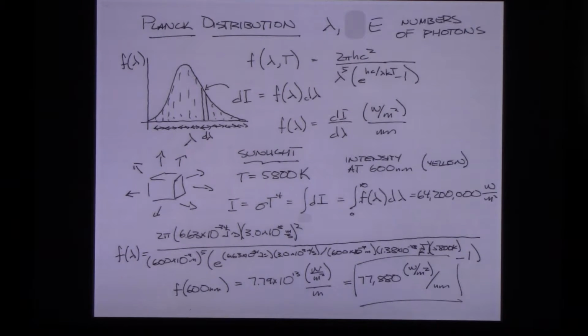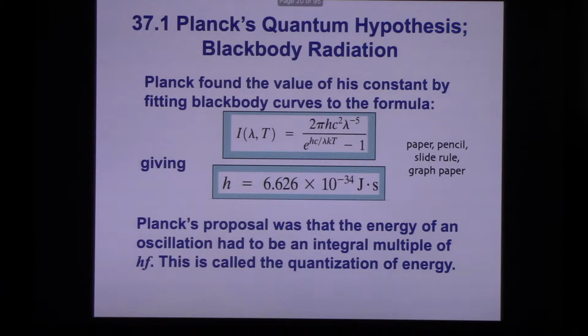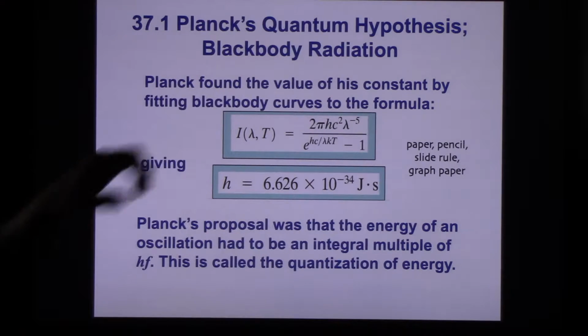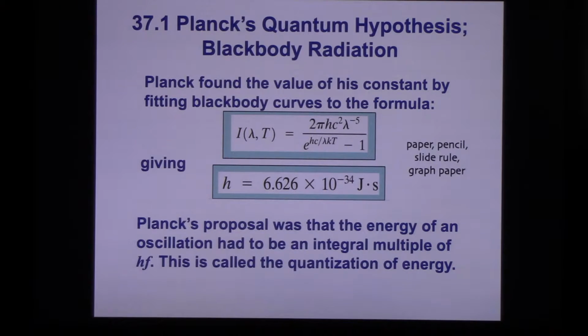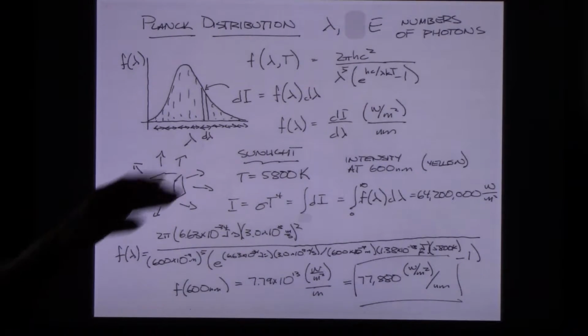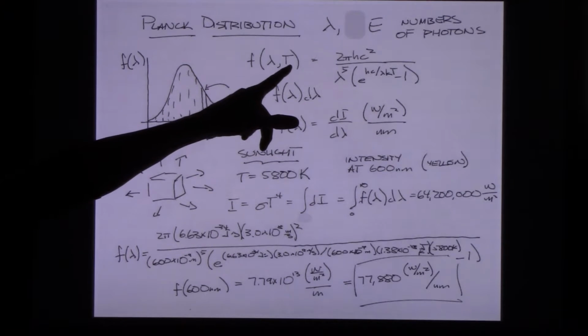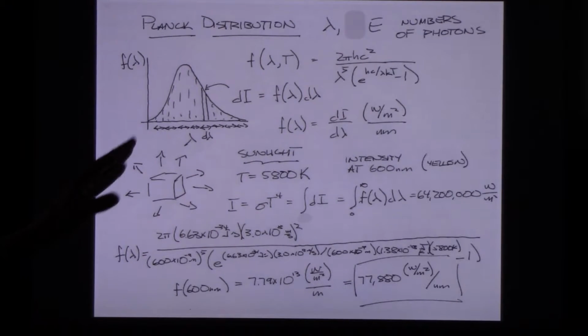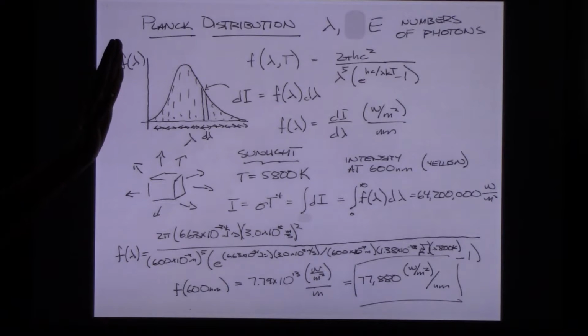So again, here's a reminder of what's going on. If I come back to this slide, here's what I was going to warn you about. This tells me that this function is the intensity already, and that's not really true. It's the intensity per wavelength. So what I wanted to do was change that, so I wrote this as a function of wavelength. Now, temperature is in there also because, as we saw, as the temperature changes, this distribution will shift.